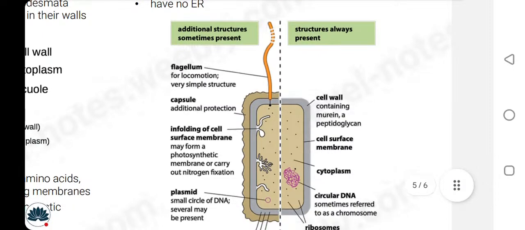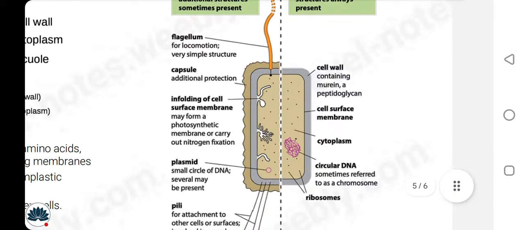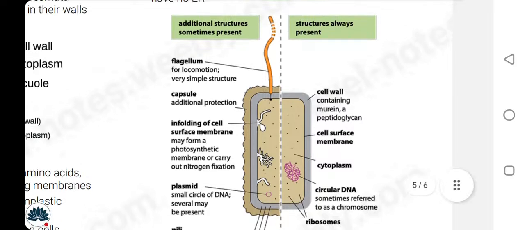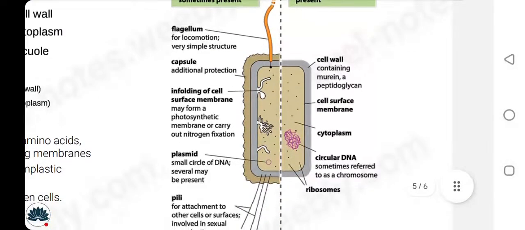Okay, there are additional structures sometimes present and structures always present. The always present structures are the cell wall, cell membrane, cytoplasm, circular DNA, and ribosomes. The circular DNA is not in a nucleus but is free DNA. And what are the additional structures? Flagellum for locomotion, a very simple structure. What we learned as cilia or microvilli is for two things: one is locomotion or movement, and second is a larger surface area for absorption.